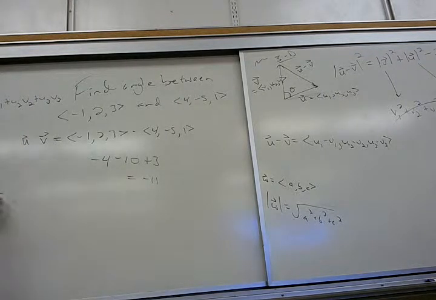And the length of V? Square root of 42. So square root of 5. And now I just have to take the inverse cosine of that mess. About 116.97. Cool, I like it.